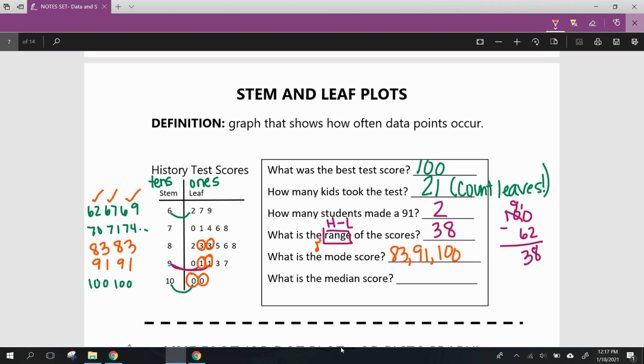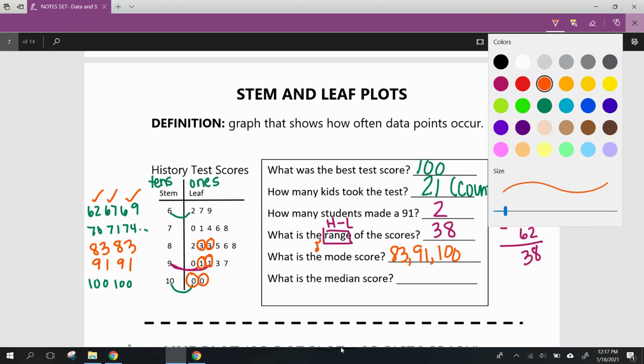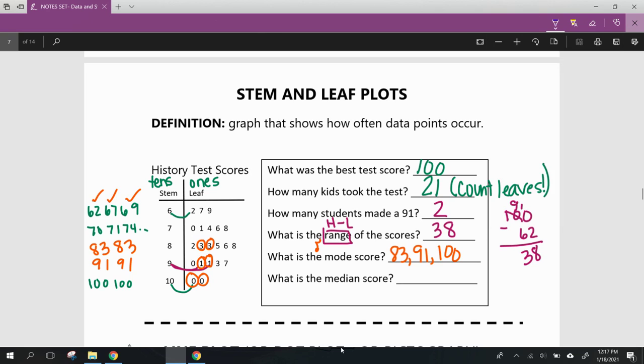What is the median score? All right, median means number in the middle. We could totally list out all of our data like I started to do here, and we could use that. Or we can use our actual graph because it's already ordered from least to greatest.